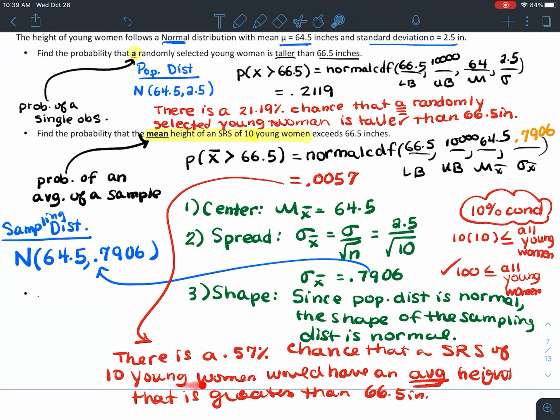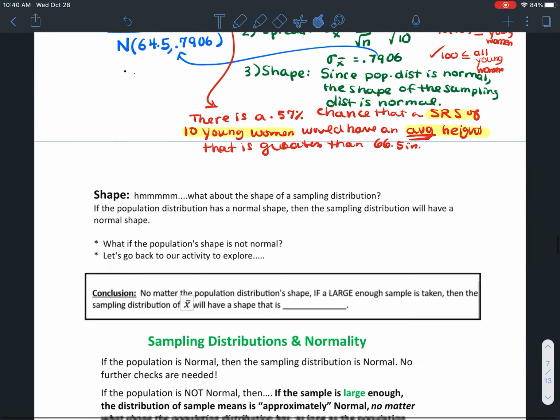You can see there's a big distinction here. Here we're talking about having a group of 10 women and their average height. That's what that probability is referring to versus the first problem.